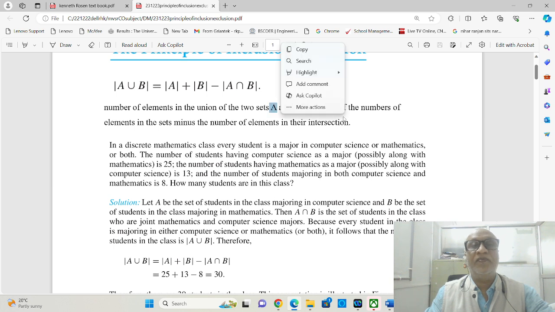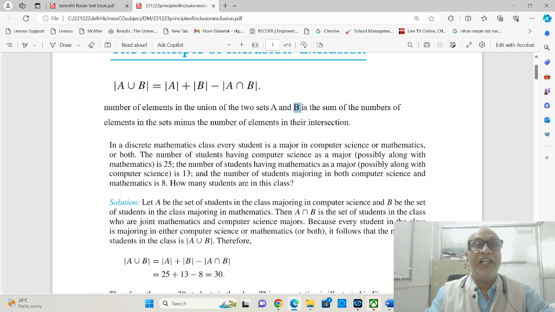There is a set A and there is a set B, and we take the union of set A and B. The number of elements in the union of this set A and B will be what?